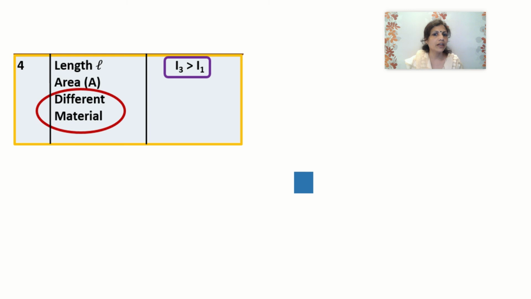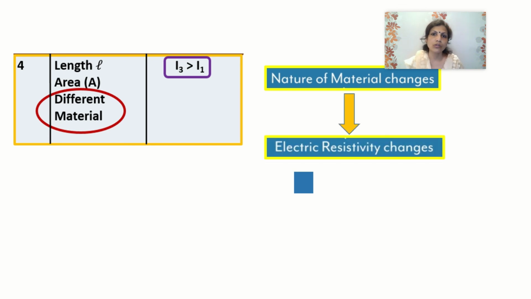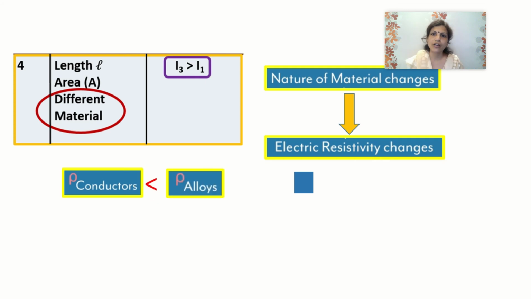So from this we can conclude that if we change the material, then the resistivity of the material also changes. So we can say that the resistivity of a conductor is less than the resistivity of an alloy. It is less than the resistivity of an insulator.